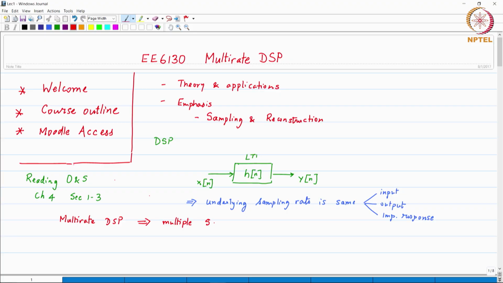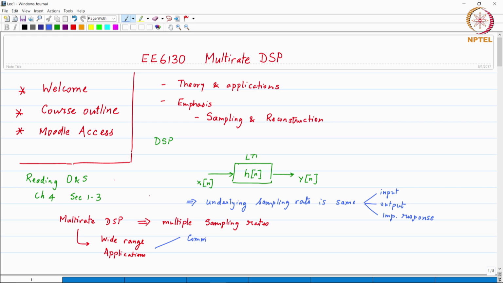So multiple sampling rates are very important for us, and this is what enables multi-rate signal processing to have very interesting applications. The reason for its study, I would say, is primarily the wide range of applications. The range of applications includes primarily the area of communications, and that is probably one of the areas where we at IIT have been doing a lot of study.